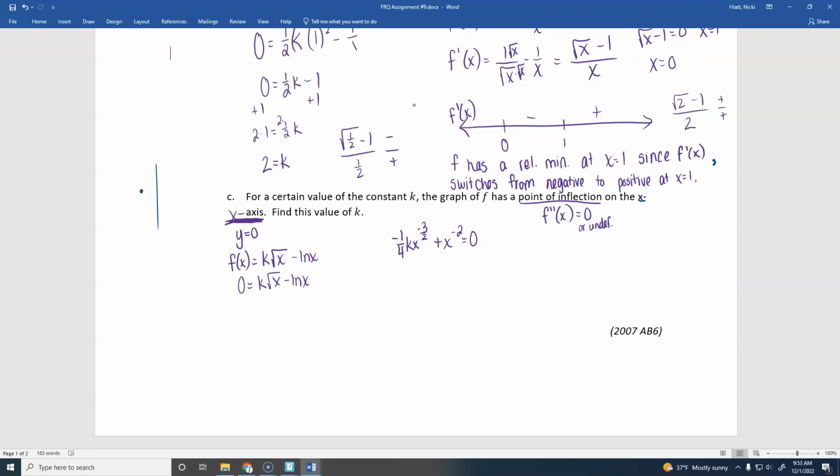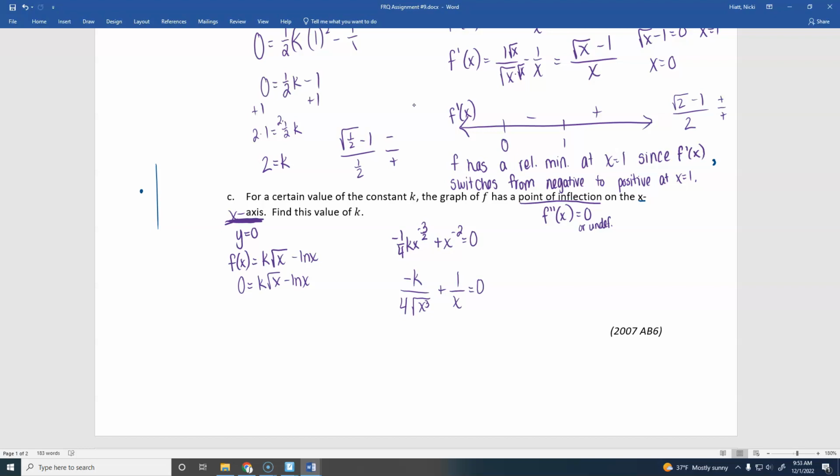I'm going to write this back. This would be negative k over 4 square root of x cubed plus 1 over x squared equals 0.